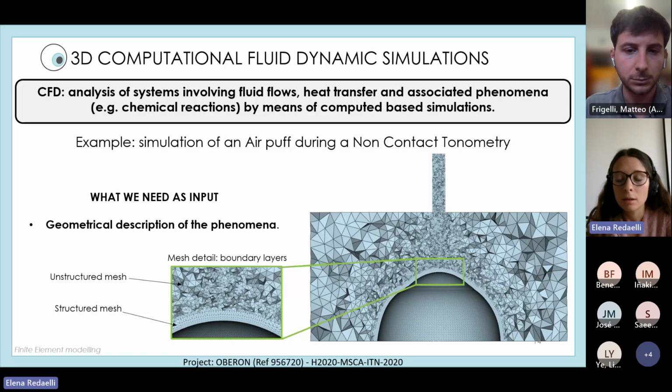So, why can we have different mesh with respect to structural simulation? Because the method CFD uses to solve the equations is different.